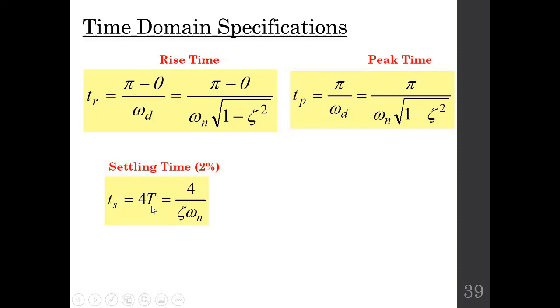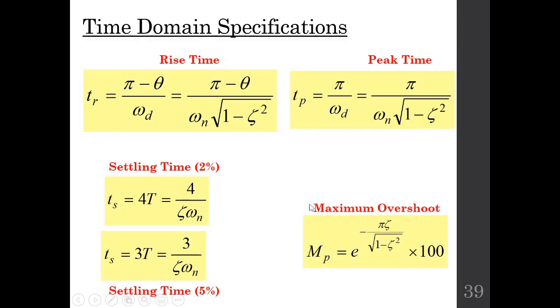Here t is the time constant, which is equal to 1 divided by zeta omega n. The 5% settling time can be found as T of S equals 3 multiplied with the time constant. So the 5% settling time can be found as 3 divided by zeta omega n.